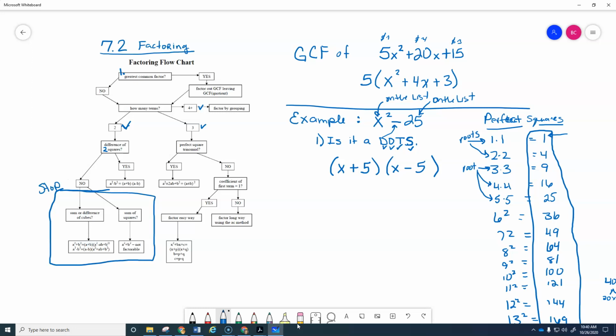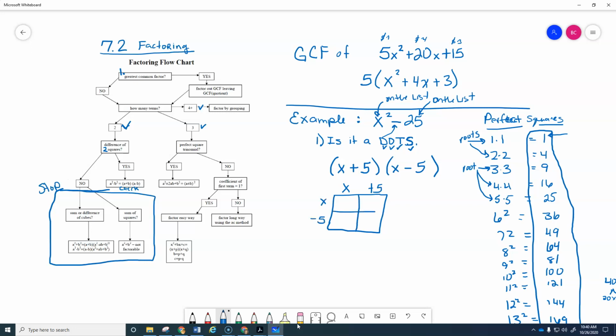It doesn't say here, but we should always check. And how do we check? You check by multiplying. You check by doing a box, or however it is you multiply. X plus 5, X minus 5.